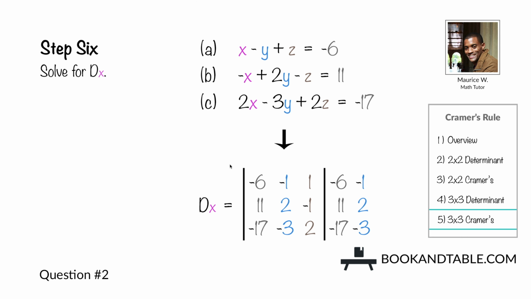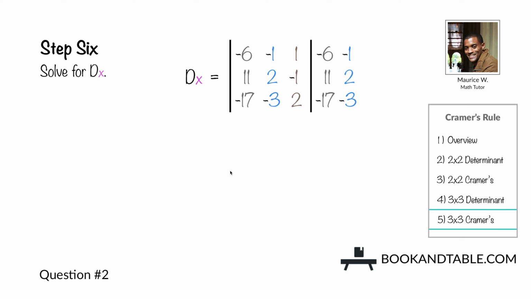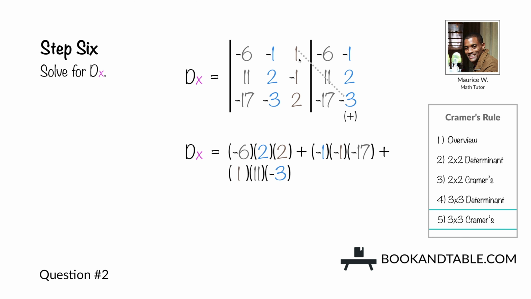So when we do so, we want to start here and we get -6 times 2 times 2 plus -1 times -1 times -17 plus 1 times 11 times -3.